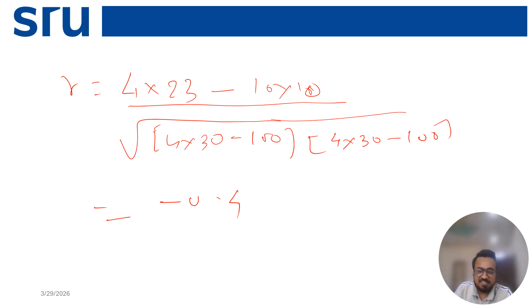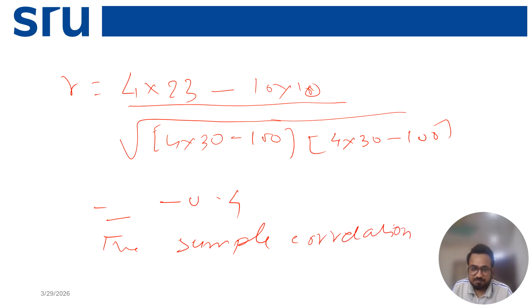So we can write that the simple correlation coefficient r is minus 0.4, right?